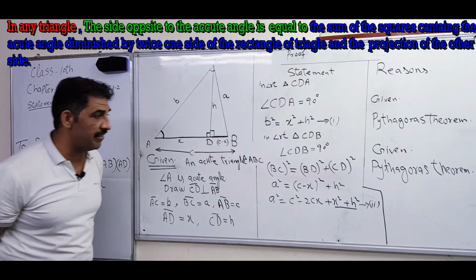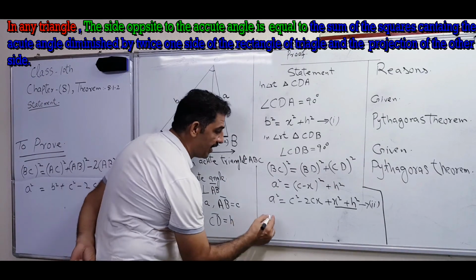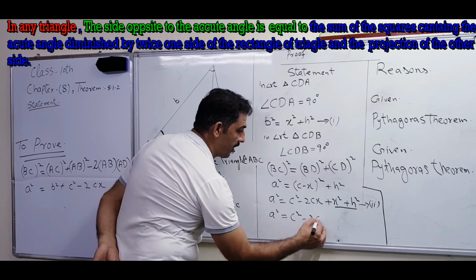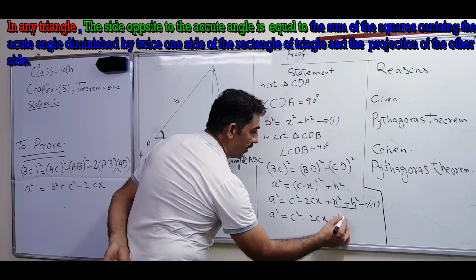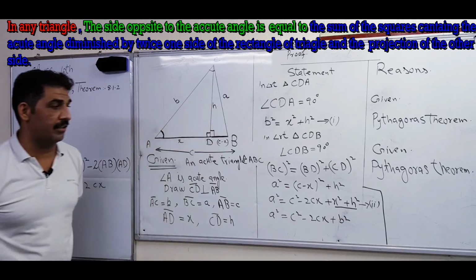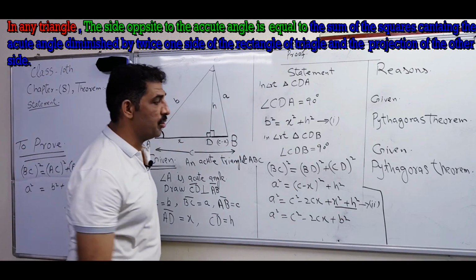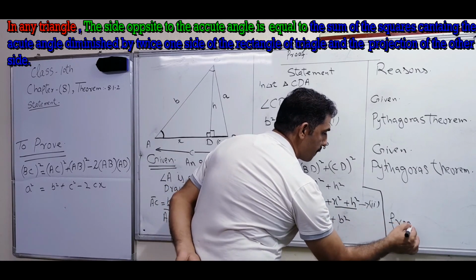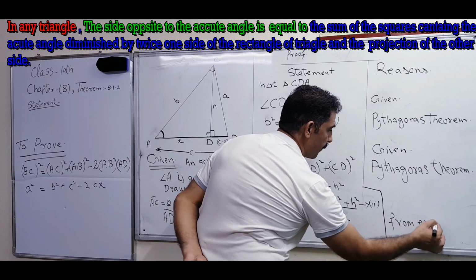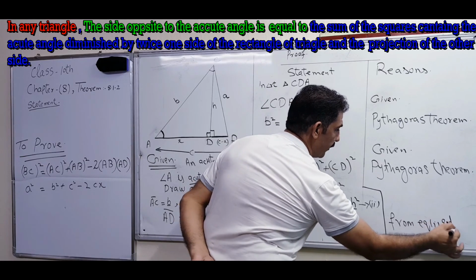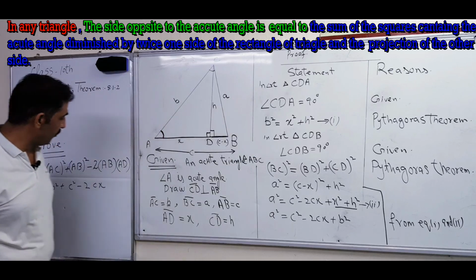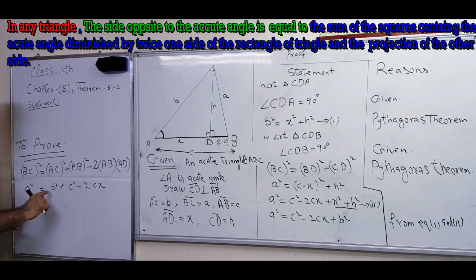So we will put the value of this result, that is, a square is equal to c square minus 2cx plus b square. And what is the reason? From equation 1 and 2. But we have to prove that a square is equal to b square plus c square minus 2cx.